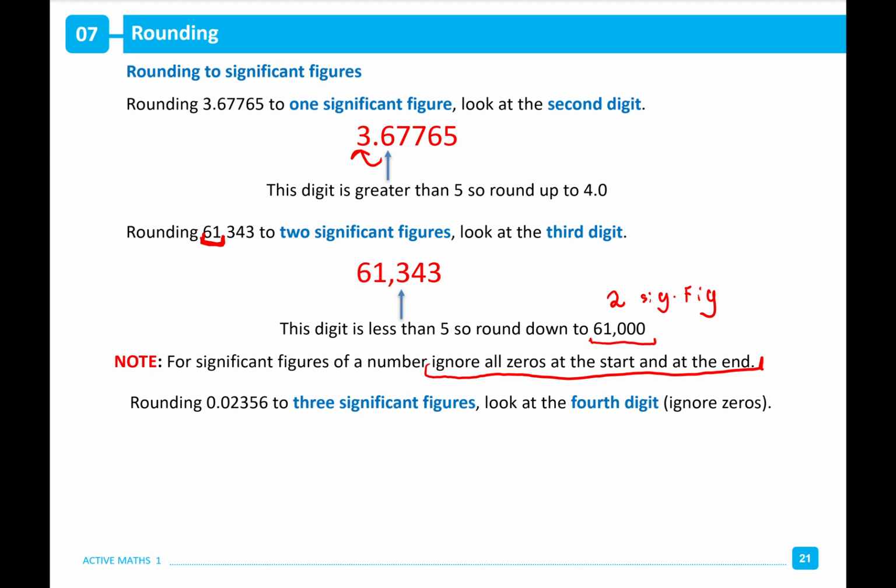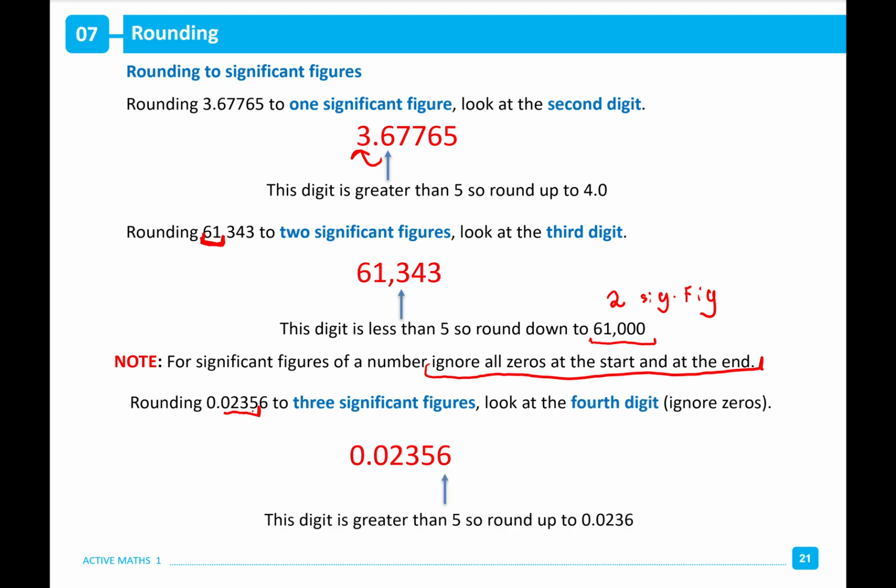Let's find out where our three significant figures are. In this case, our three significant figures are 2, 3, and 5. We need to see whether we must round up or round down the last digit. To do this, we look at the fourth digit.